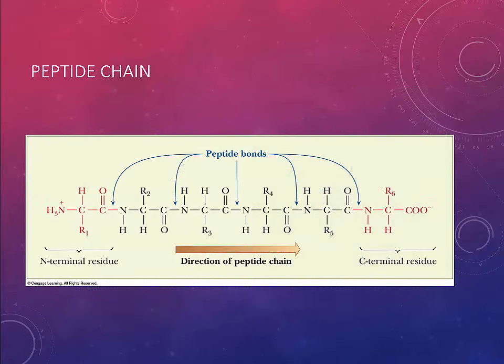So take a look at this generalized peptide chain. Notice a few things. First, there is an N-terminal residue. Residue is just another word for amino acid. Second, there is a C-terminal residue. These are also called the amino and carboxy termini, and peptides are always listed from N to C.